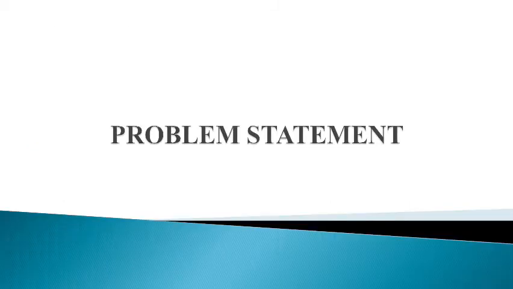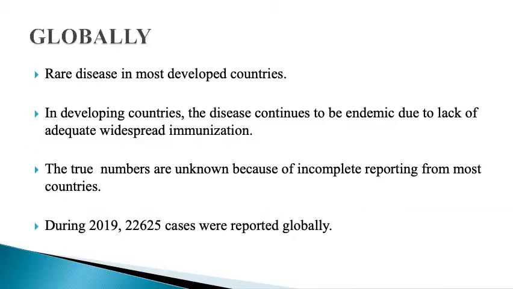Coming to the problem statement. Globally, this is a rare disease in most developed countries owing to routine childhood vaccination. In countries where satisfactory vaccination schemes have been instituted, the disease has declined so much that it is no longer regarded as a public health problem.